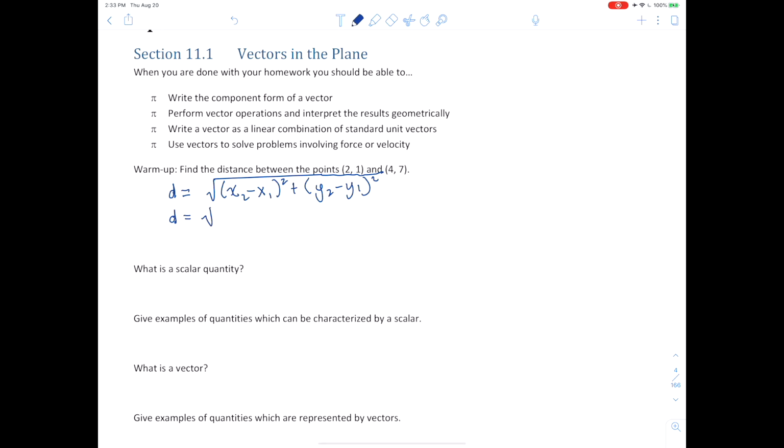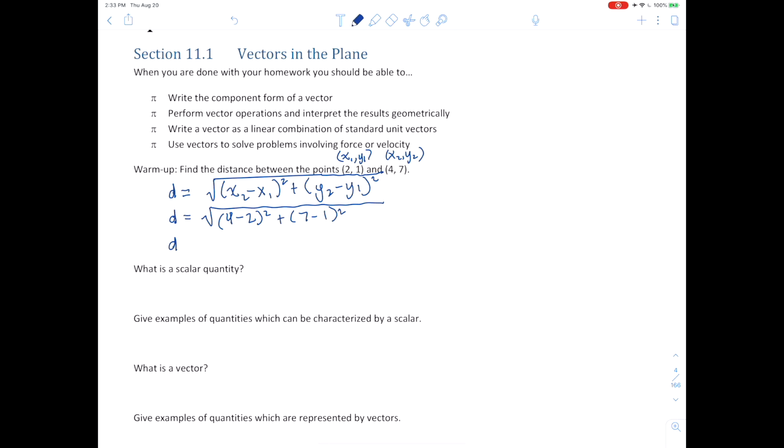So our distance will end up being, if we have this be x1, y1, and x2, y2, we will have 4 minus 2, the quantity squared, plus 7 minus 1, the quantity squared.